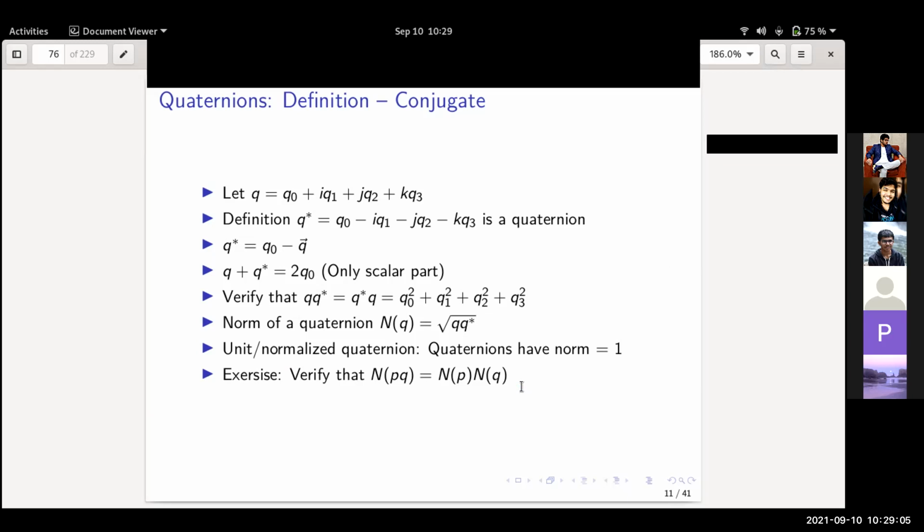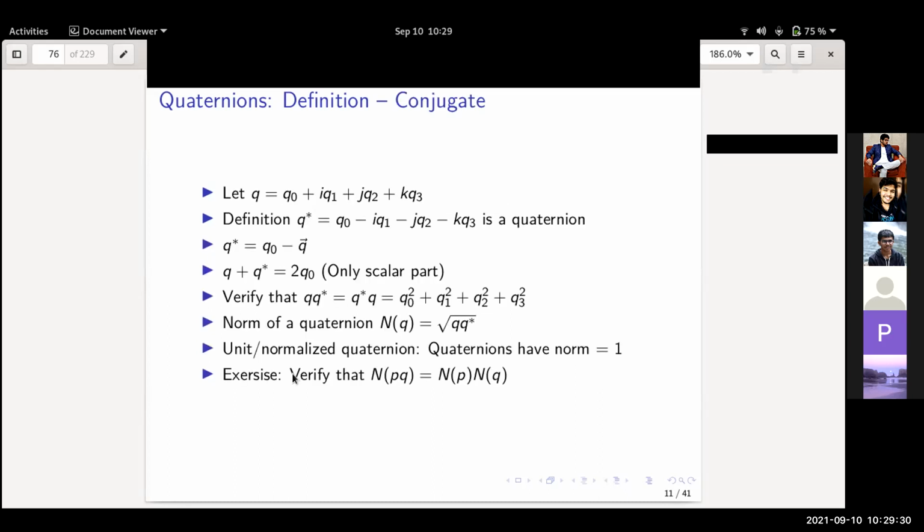In quaternions also it is true, but you don't have that e power i alpha expression here, so you have to explicitly prove it separately. This is an exercise. Here there are 4 components, so you have to work this out.